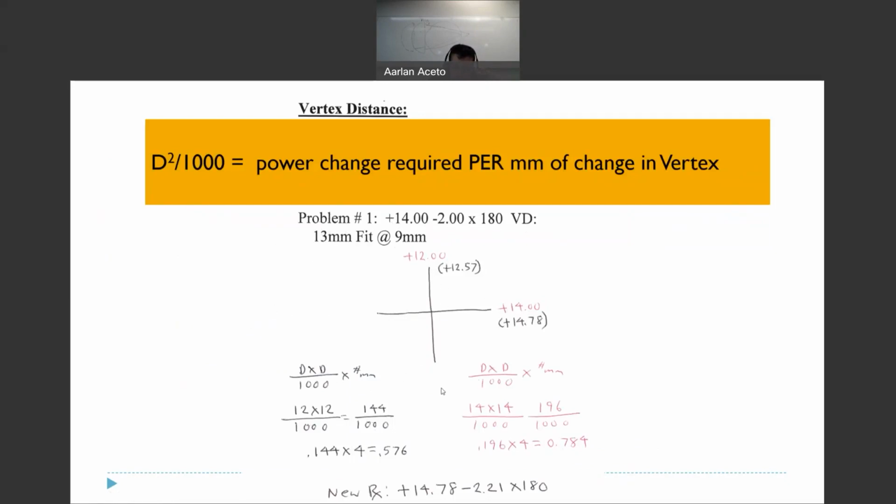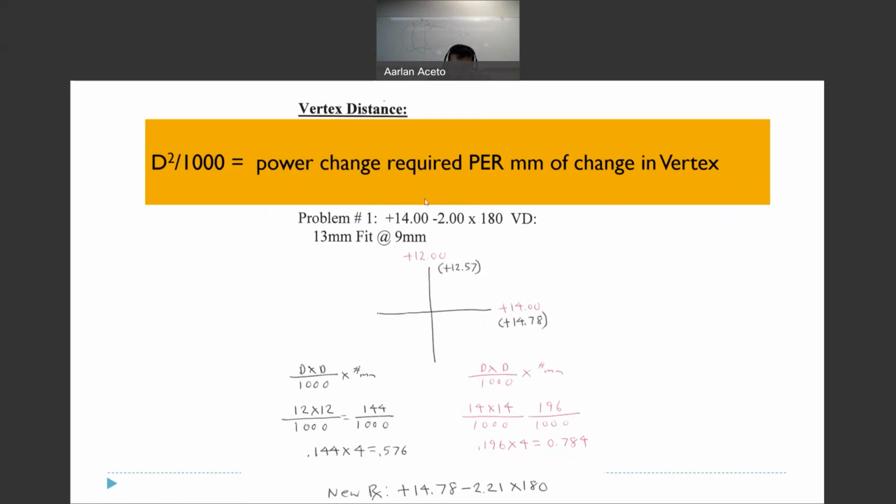Well, what do we do? Throw out a lens cross. Sphere, cylinder, axis. Remember, sphere always corresponds to the axis. So at 180, we have a plus 14. 90 degrees away, we have all of the sphere.